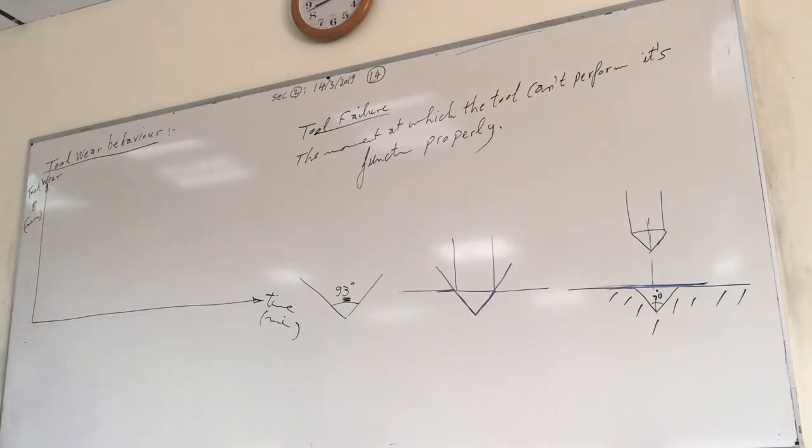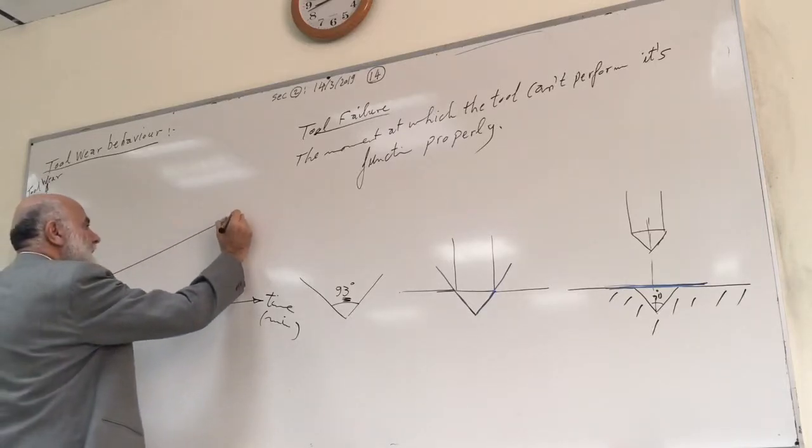Then at the first touch, what will happen? Here, zero time, first touch. A part of the tool will be removed by rupture rapidly like this. Then going along gradual wear, a straight line, up to here.